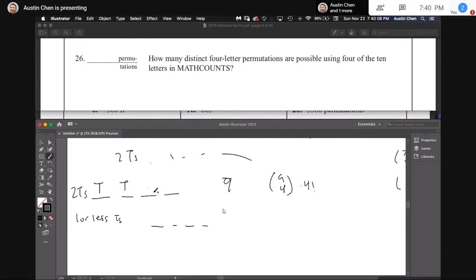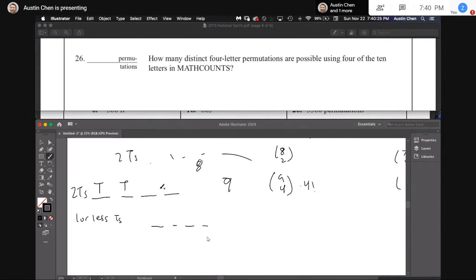Okay, so we can choose, so we have 9, or no, we have 8 other letters. So we can choose which 2 we're going to have in here by doing 8 choose 2. And then we can order them.